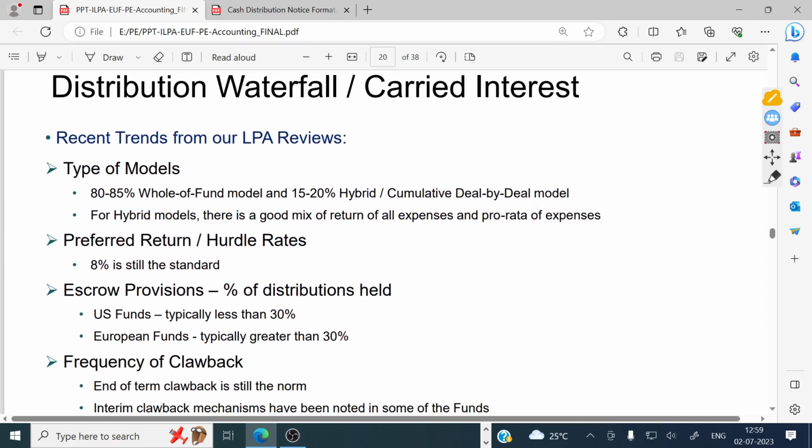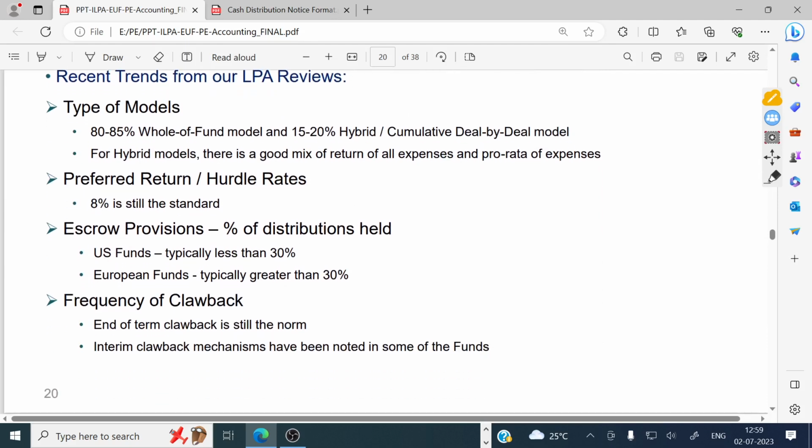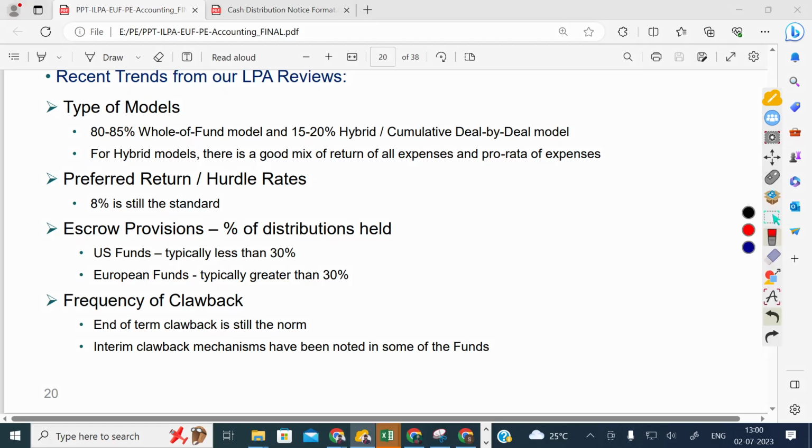Recent trends from our LPA reviews, limited partnership agreements that we have reviewed: 80 to 85% are whole of fund models and 15 to 20% are hybrid and cumulative deal-by-deal models. Most of the models are whole of fund models because fund managers nowadays, as I said, limited partners want a detailed analysis of the investment, and they are scrutinizing the investment.